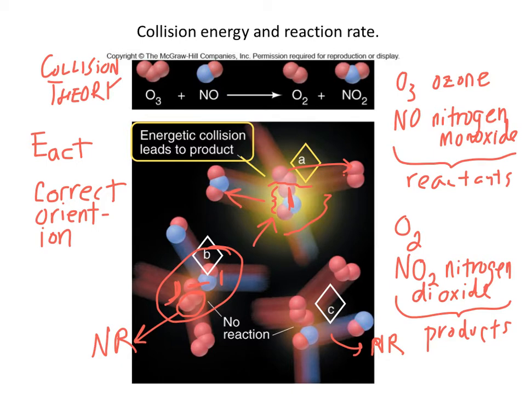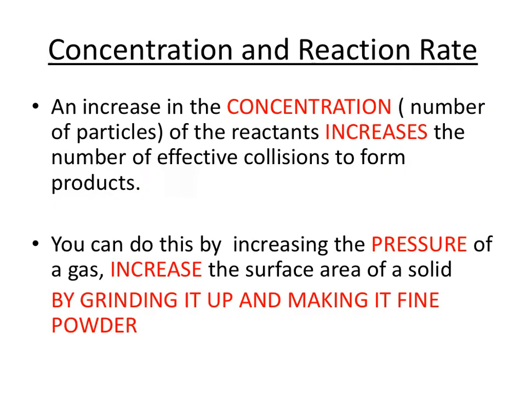Okay, so two things that must occur when you have a collision in order for a reaction to take place. You must have the activation energy necessary, and you must have the correct orientation. Okay, so concentration and reaction rate. We said that in order for reactions to take place, you must have collisions.